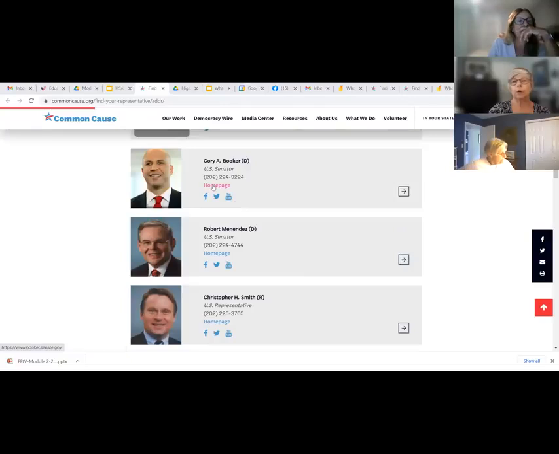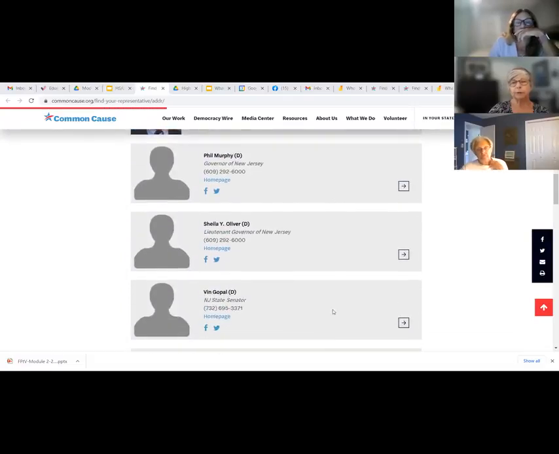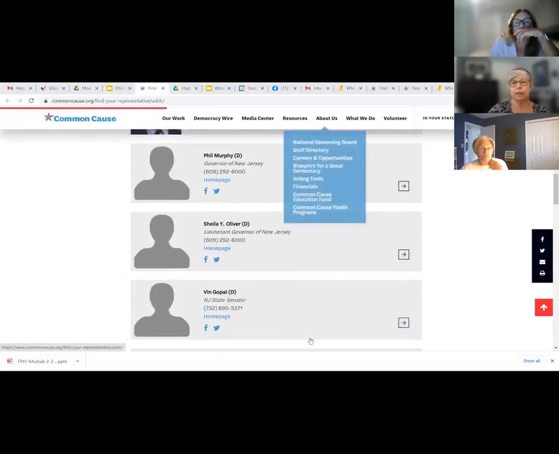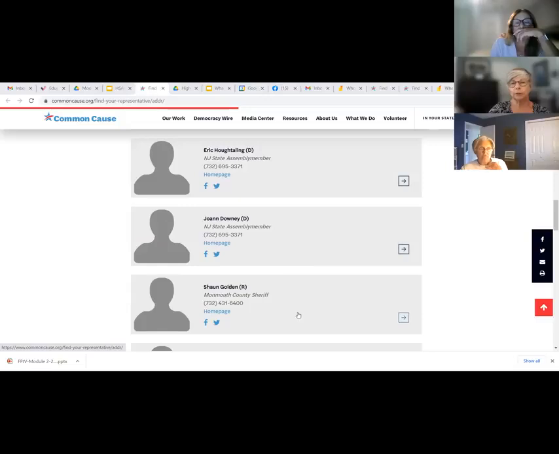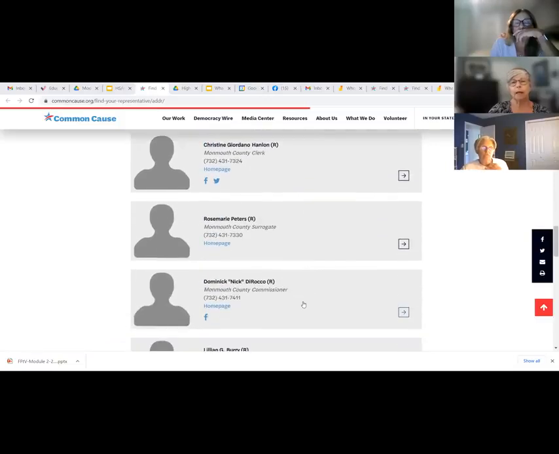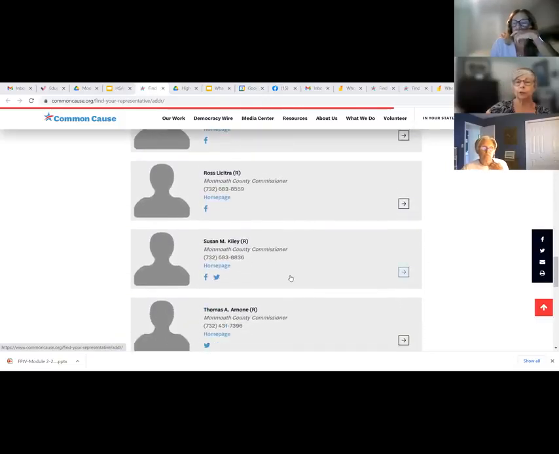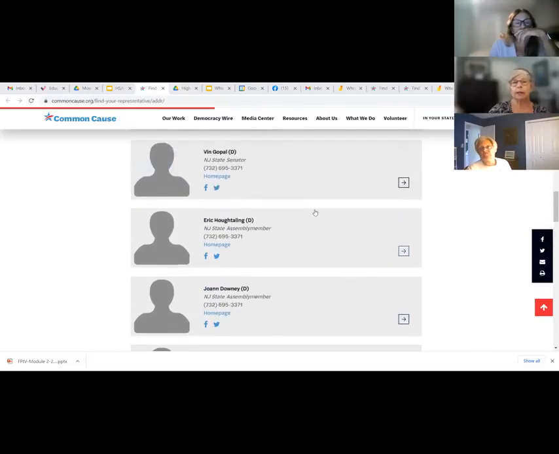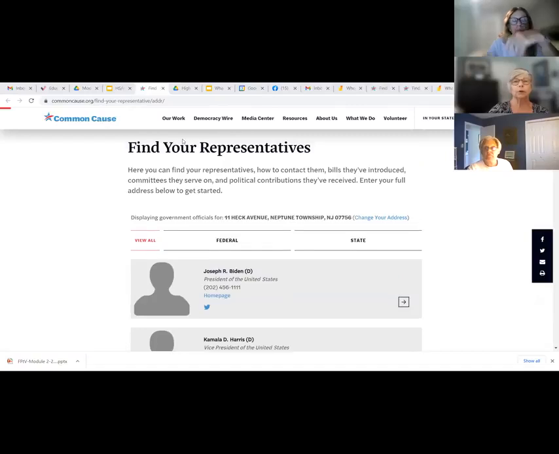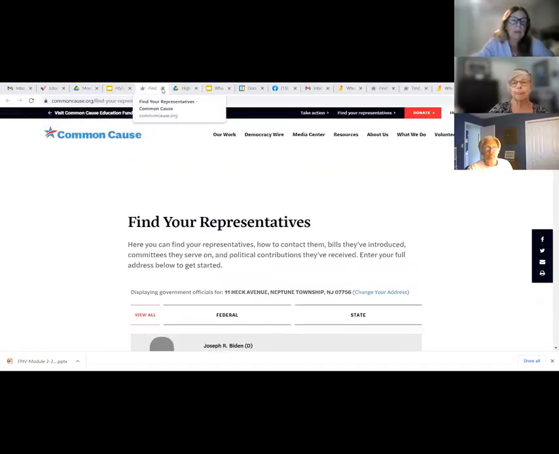You can go to their homepage and contact them there. The phone number is there. It includes state level and goes all the way down to county level, but not your very local level. So click on that link and just take a look at who your own representatives are.